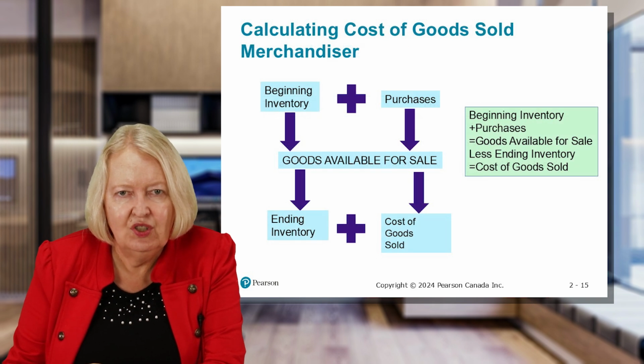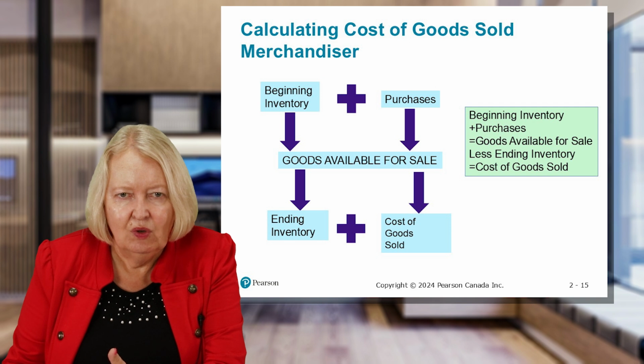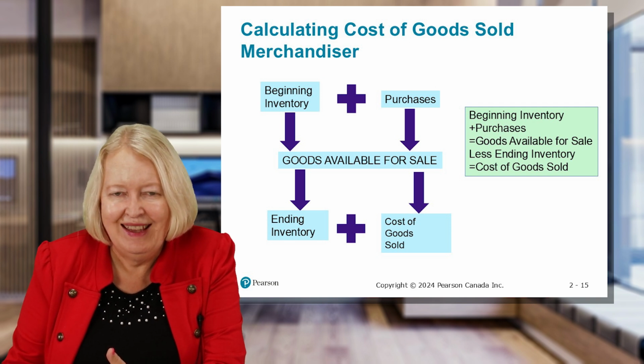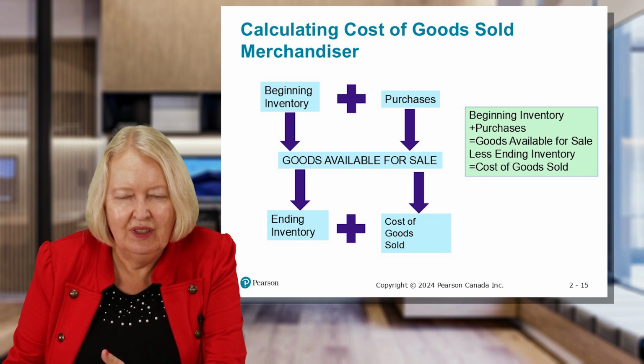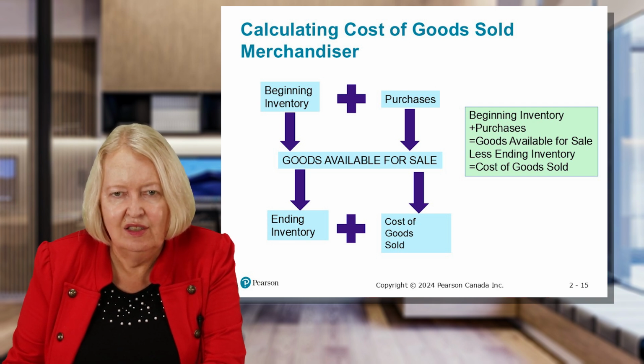So for a merchandiser, calculating your cost of goods sold is pretty straightforward. You have some beginning inventory. Think about Walmart again. Obviously there's inventory at the beginning of the year on your shelves. Then you're going to be buying more products to sell. So that's the total goods available for sale.